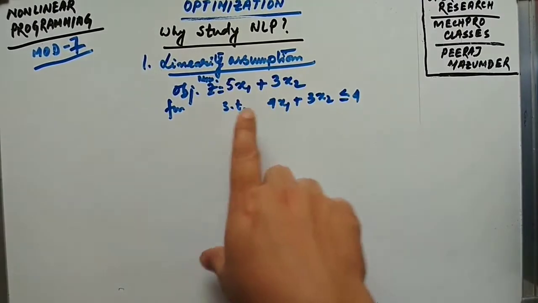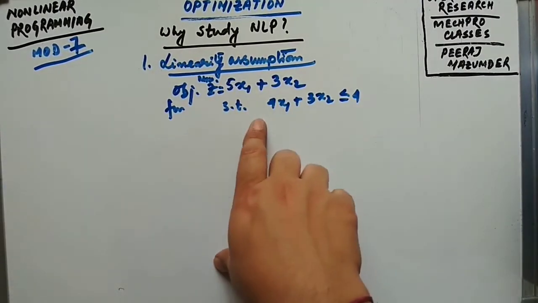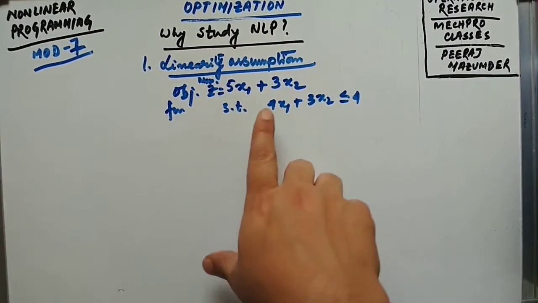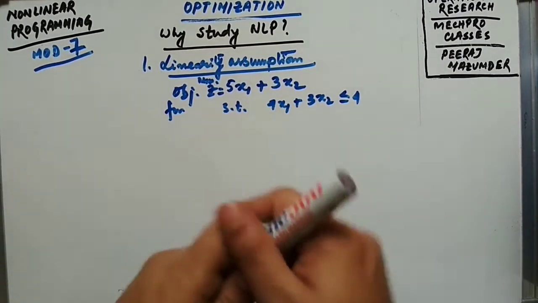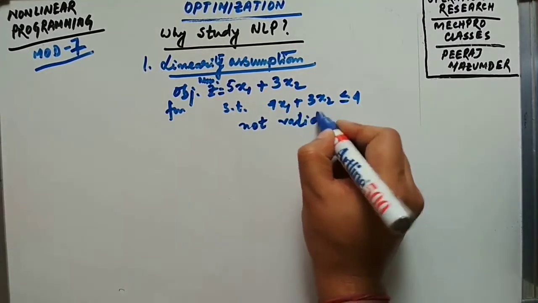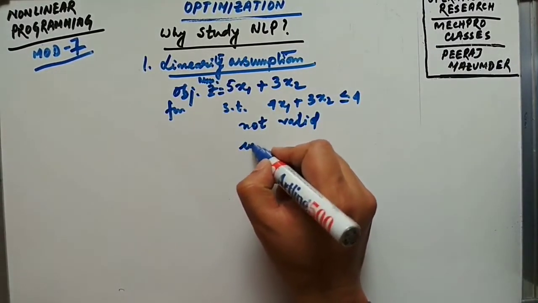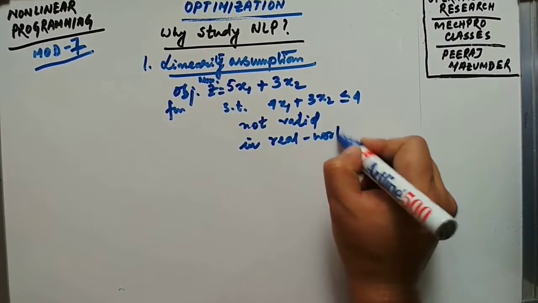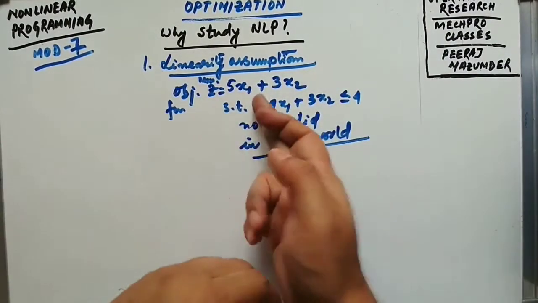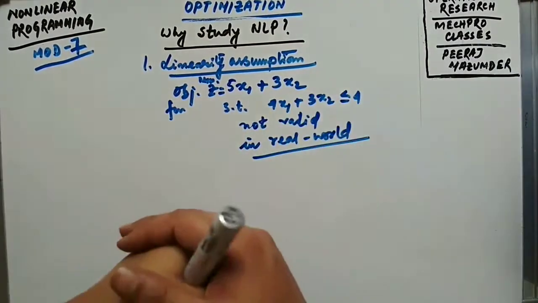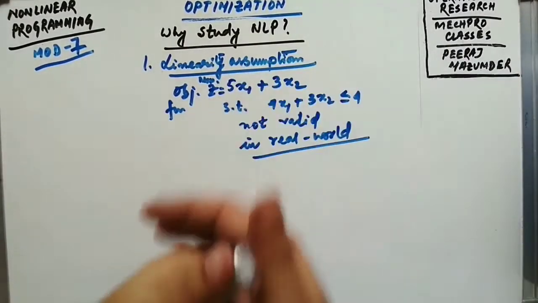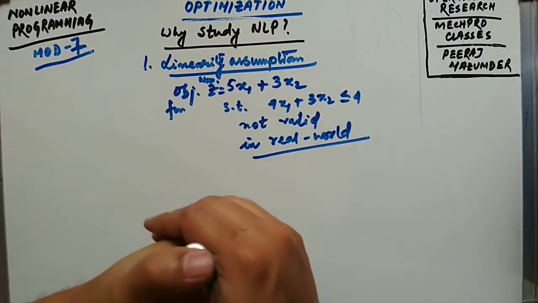But what are we actually dealing with? We are dealing with real world problems, no? So this linearity may become not valid in some real world problems. In the real world, this may become a square term, or this may become a root term. So linearity becomes invalid in real world problems. So the first assumption, that is the linearity assumption, sometimes becomes invalid.